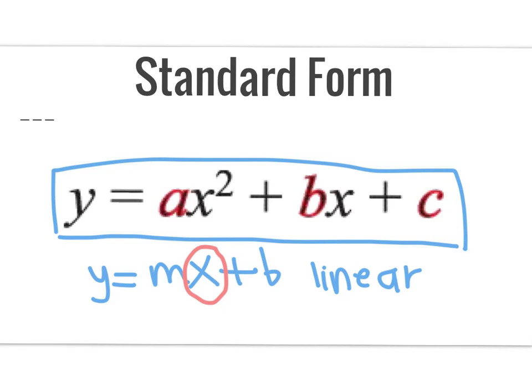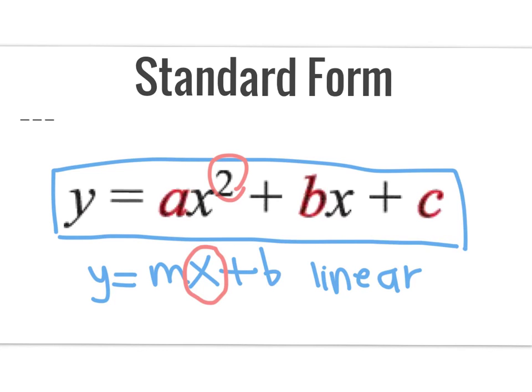But in our quadratic function, the highest power of x is the second power. That is how you can tell the difference between a quadratic function and a linear function. If it's linear, you only see x, and if it's quadratic, you will see some kind of x squared.